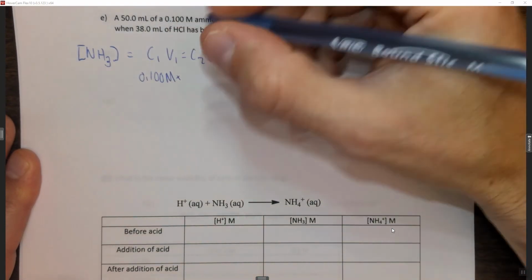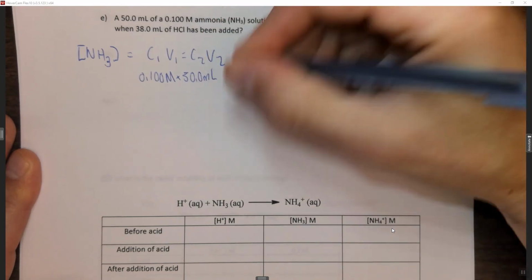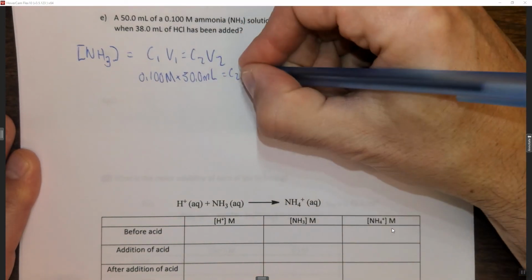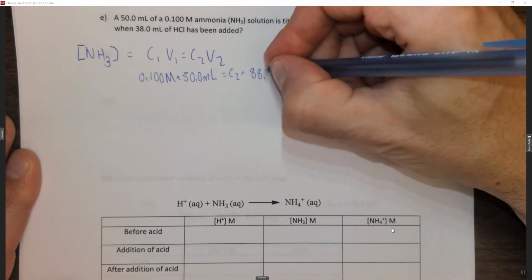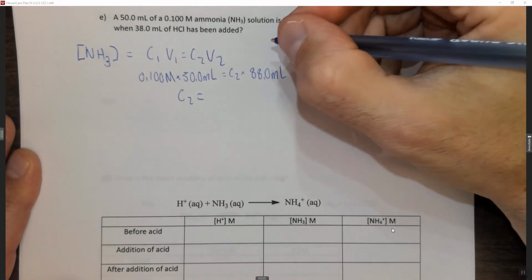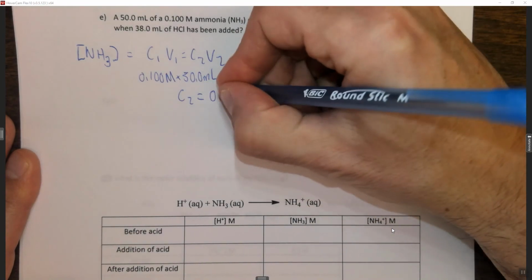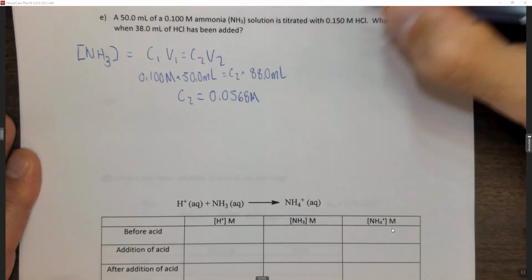The initial volume is the 50 milliliters. And the final concentration is what we want, and the final volume is 50 plus 38, which is 88 milliliters. When we do this, we find that C2 is equal to 0.0568 molar.